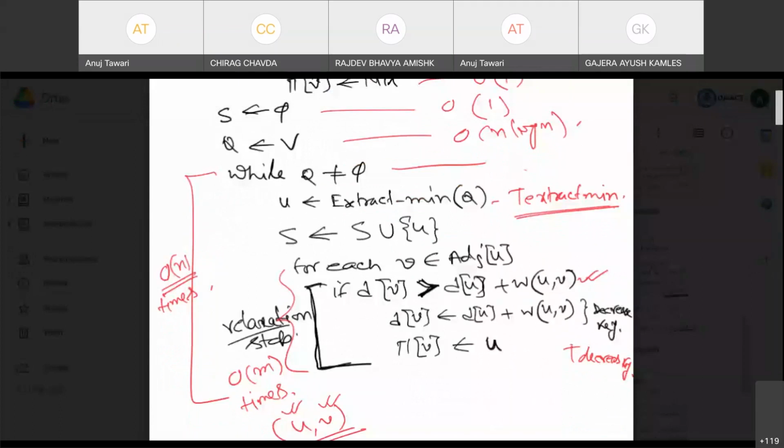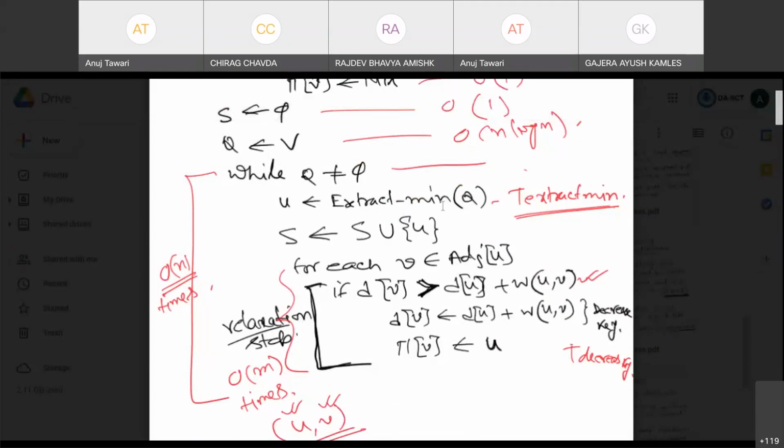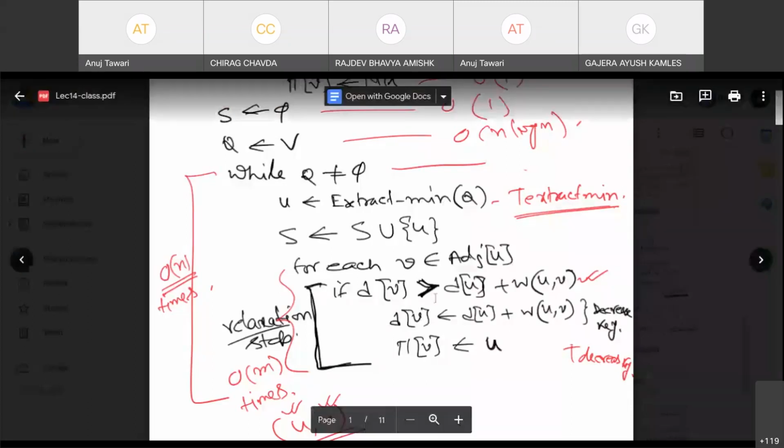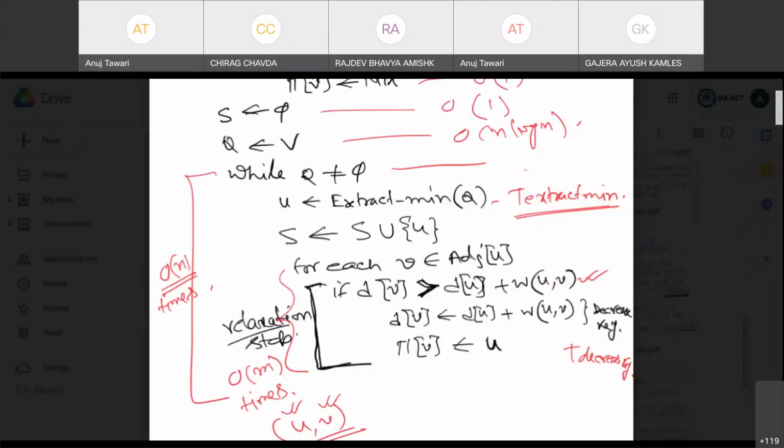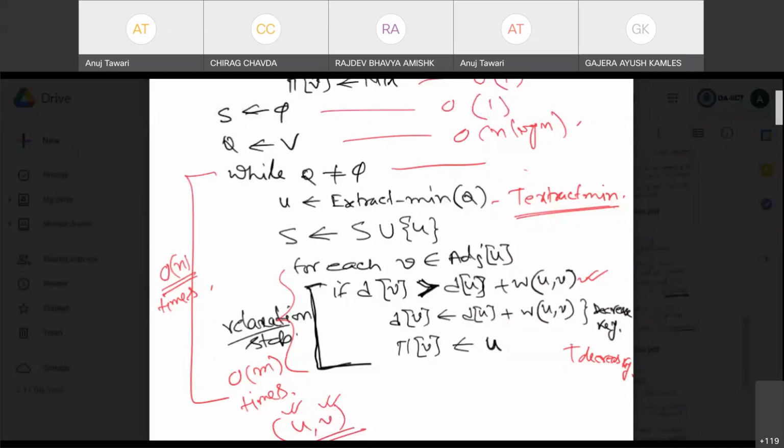So what's the running time here? Notice that this priority queue might get filled up with the different vertices, and this will run for big O of n times. We are using this extract minimum operation because we want the minimum value in that priority queue, and there are some decrease key operations. Initially we had infinity, then we reduced it to some finite value, then reduced it further.